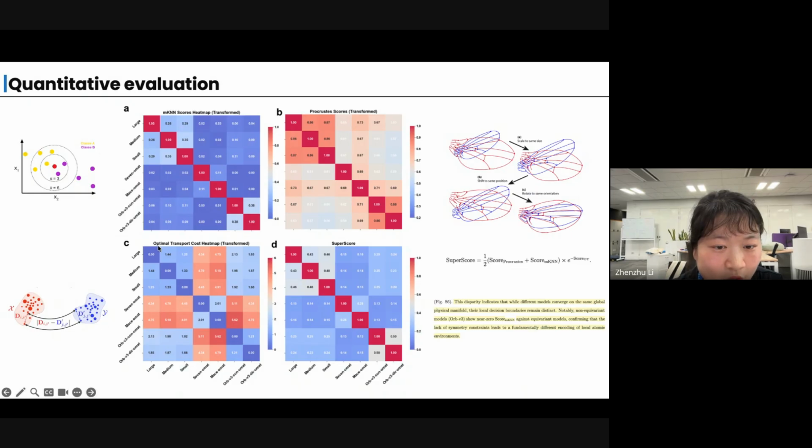And then optimal transport is used to check, if we have two distributions, how much it costs to map one distribution to another. The lower the cost, the more similar the models, because they can easily map to each other.